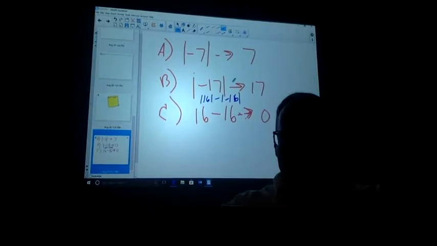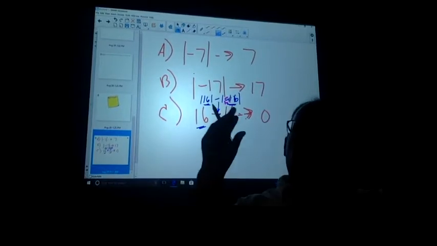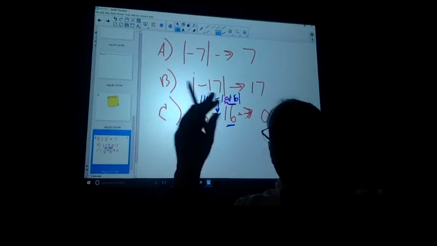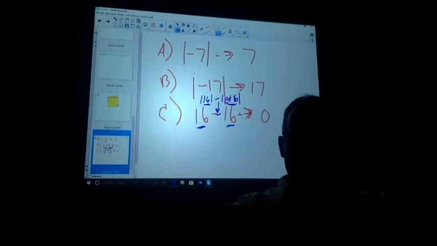So this comes straight down to here, and this comes to here, but then the subtraction sign comes in. Because it's the absolute value, and the absolute value is just the distance from 0. So it's gone. Okay? All right.